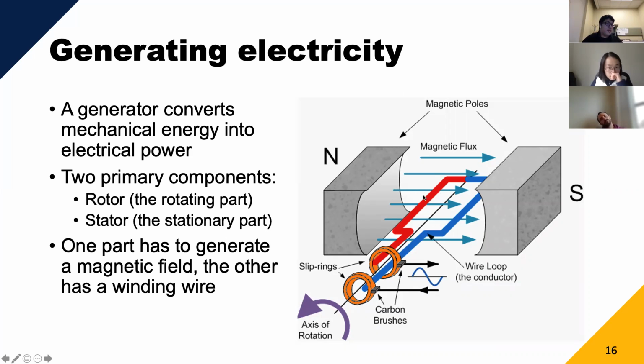When you spin a copper wire like this in a magnetic field, it's going to induce an electric current in that loop.